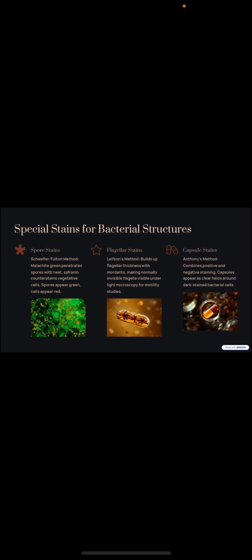Now what is the purpose? To detect and visualize structures such as capsules, endospores, flagella, cell walls, fungal elements. To visualize these specific structures, a special staining technique is used.